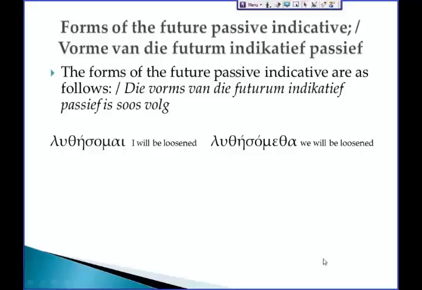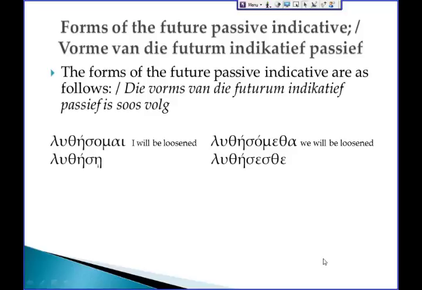Again, what does it tell you? When we form the future passive, then it goes to be a deponent. Okay? Actually not a deponent, because these are actually the passive forms. Sometimes they are middle in some other tenses, like the present indicative. The passive forms are like that.